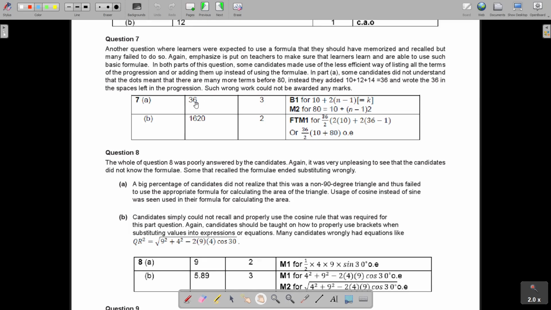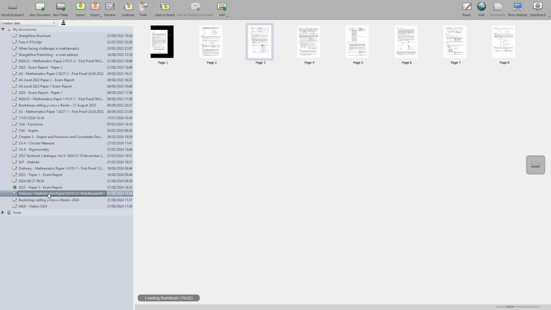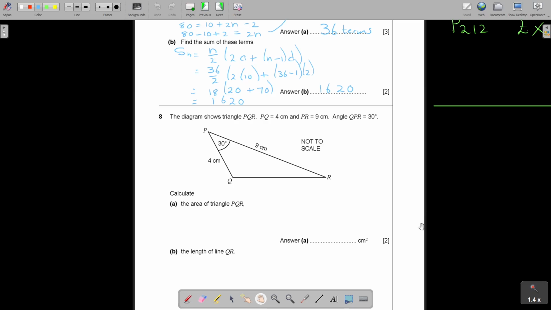So 36, okay, that was the first one, and that was 3 marks. If you substitute there and you put the 80, for that one it's only 2 marks if you substitute in the formula. So let's just go back and see where we can allocate the marks.